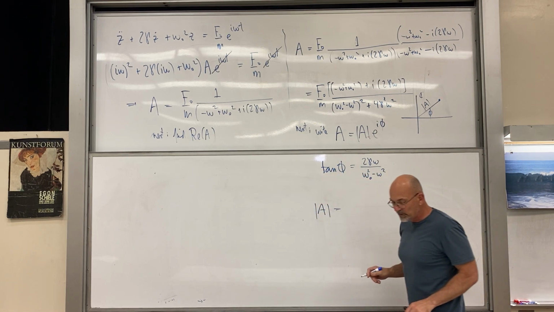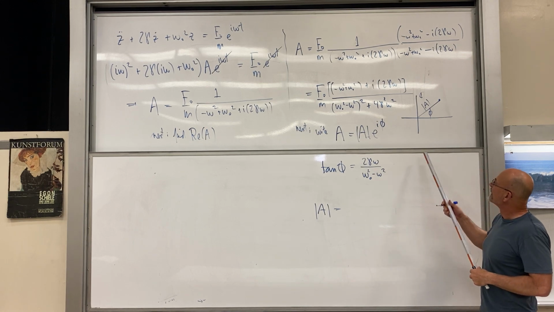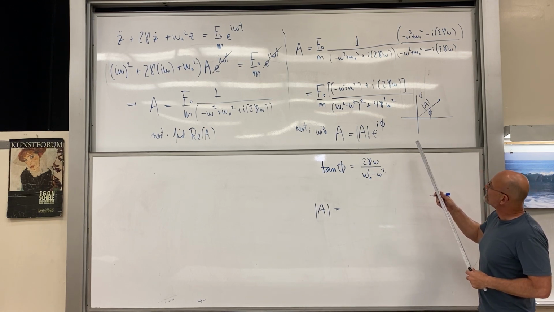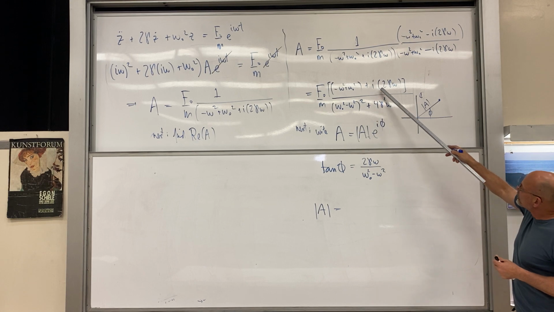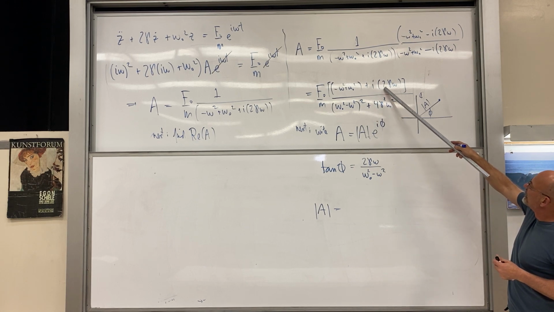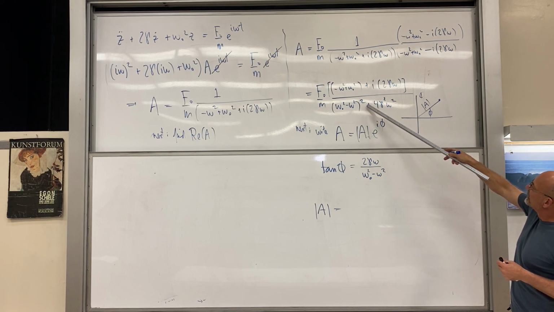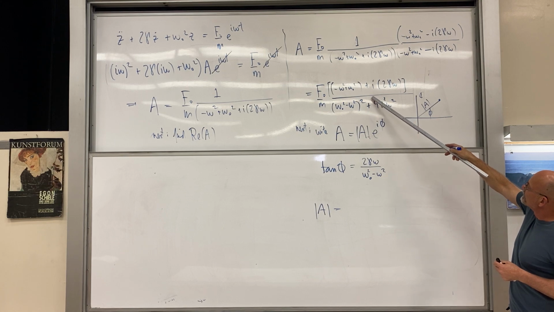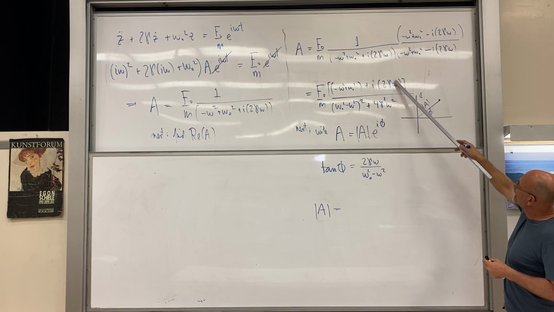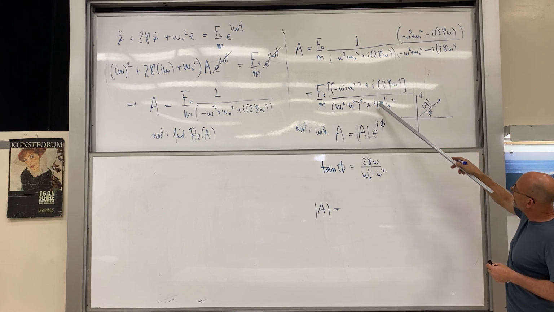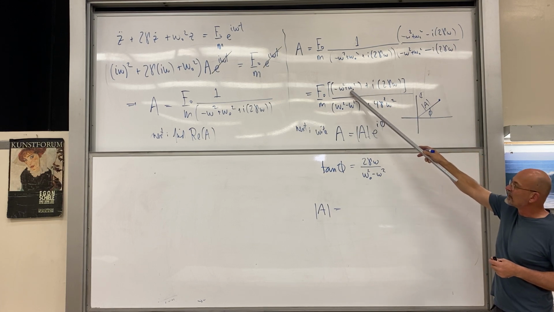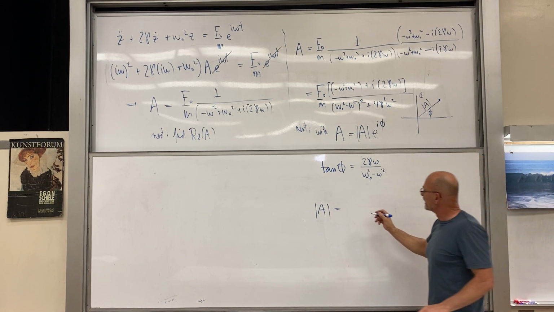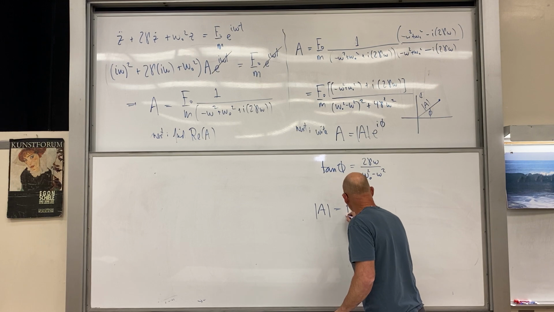What about the magnitude of the amplitude there? So we can also read off, because numerator and denominator have these same constituents. This is squared as to what we have up there. So we immediately, well, the F naught over M doesn't change.